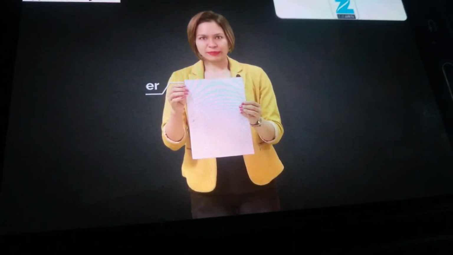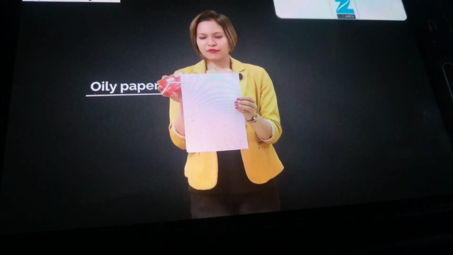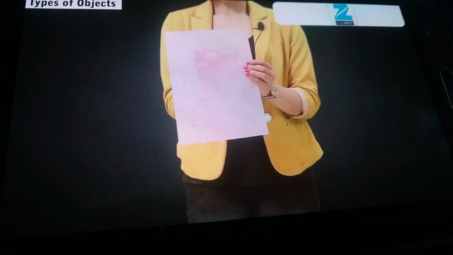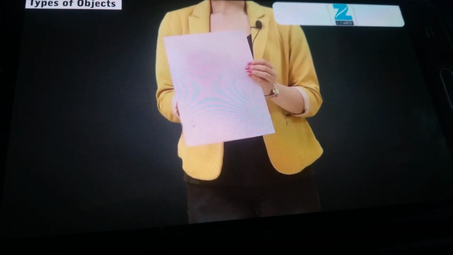Now, there are some objects which allow only a fraction of light to pass through them. Here, I have this oily paper, and if I place this object behind this, we can say that the object is partially visible to us. That's why they appear fuzzy and unclear to us.